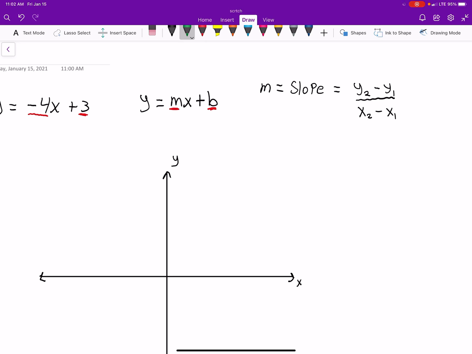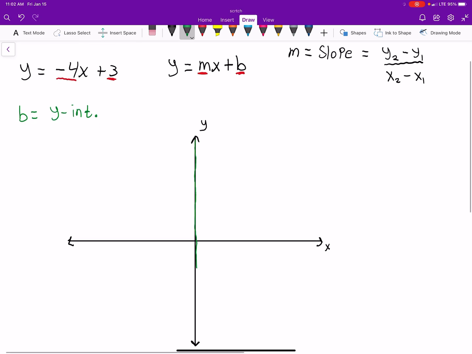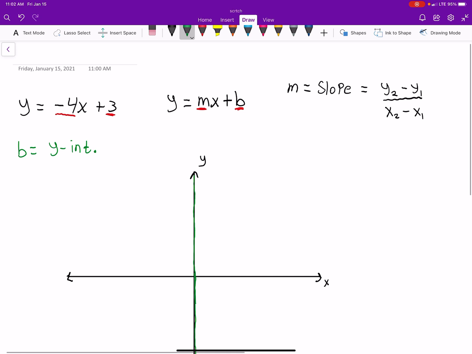And b is the y-intercept. That's where it crosses this green line that I'm drawing through here. This is called the y-axis because y goes up and down. So 3 means we have a y-intercept at the point 0, comma b, and in this case it would be 0, 3.